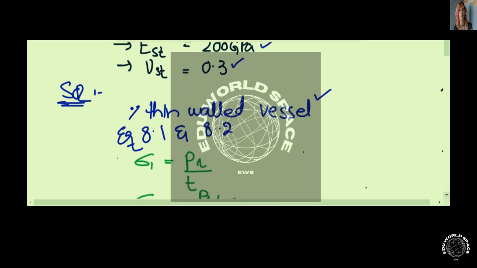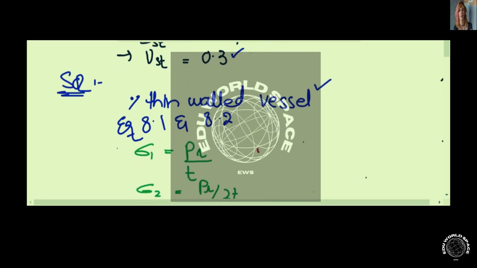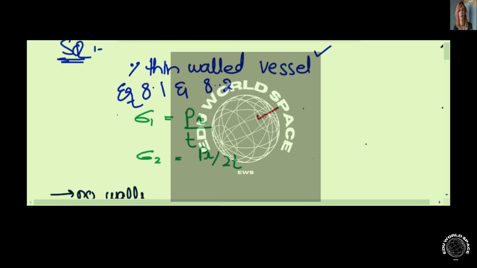So equation 8.1 is sigma sub 1 equals P times R divided by T, and P times R divided by 2T is equation 8.2.